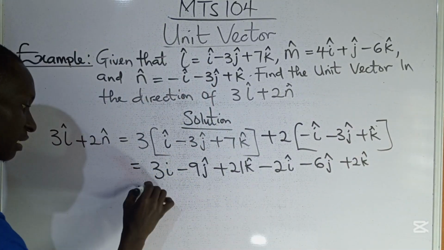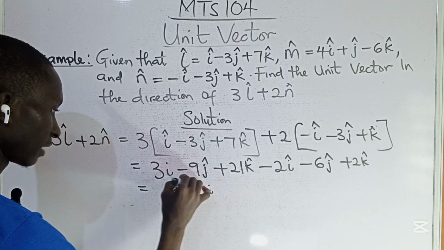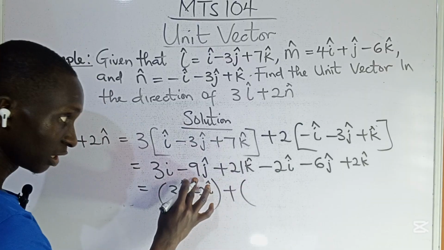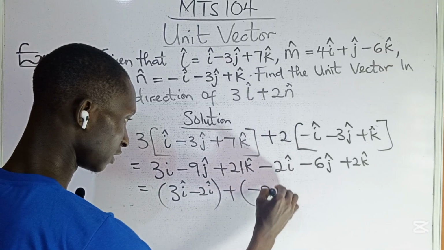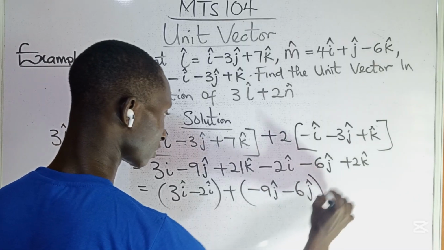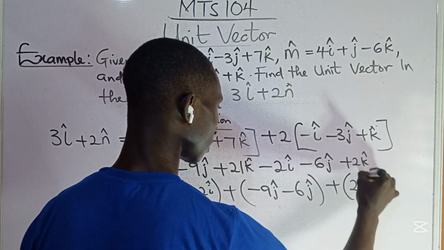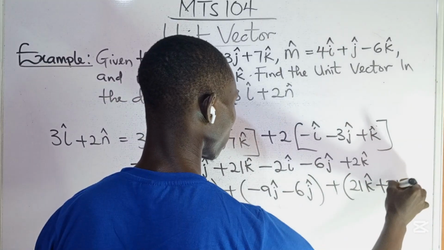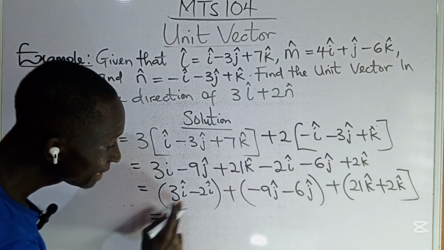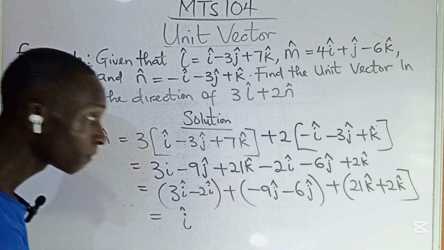Then we collect like components, that is 3i minus 2i, plus j, that's minus 9j minus 6j, plus k, we have 21k plus 2k. Now, 3 minus 2 becomes 1, that is 1i.